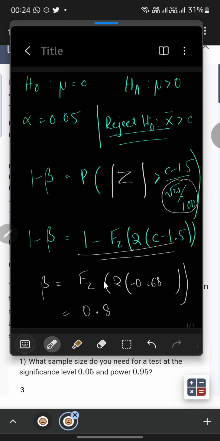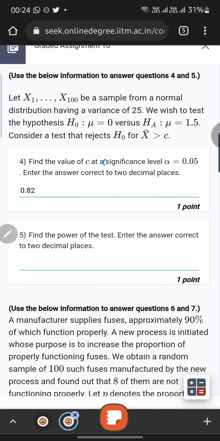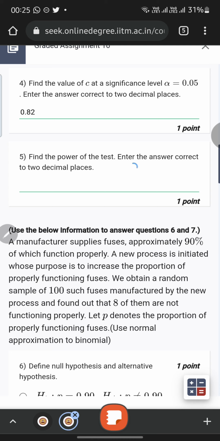Which would be 0.0869, let me just check it again. 0.0869. The decimal places are really confusing. So yeah, this is the answer. We need to put two decimal places, so 0.09.